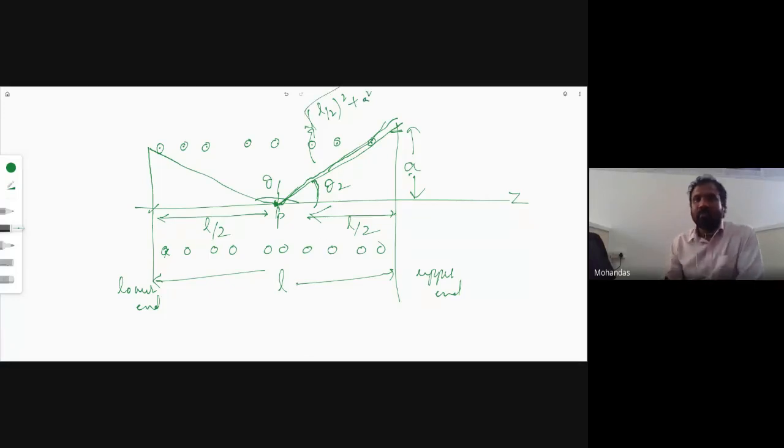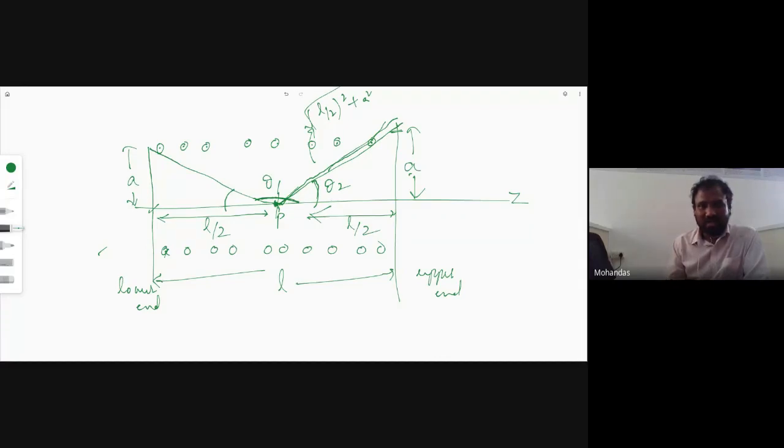Here also, this height is A and this length is L by 2, and it is also a right angle triangle. But if it is theta 1, can you guess what this angle is? From the z-axis, this is theta 1. How to write this angle?